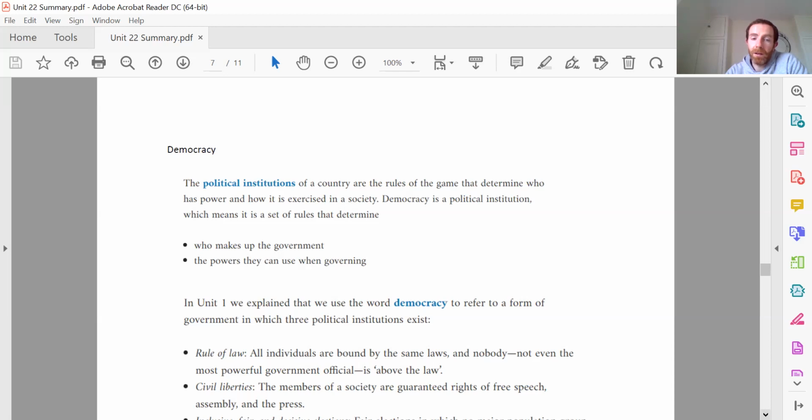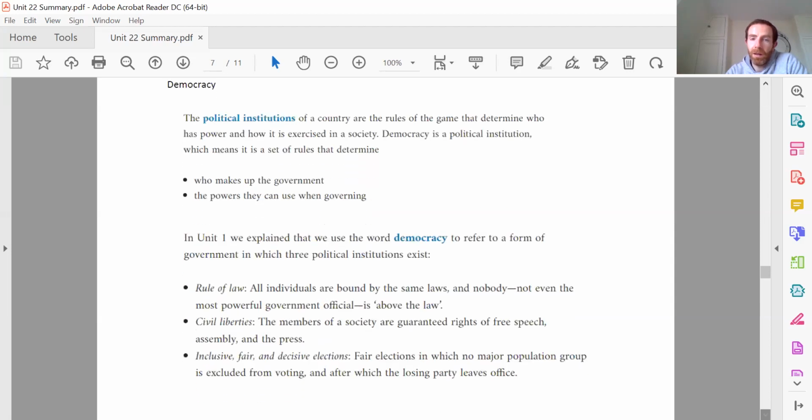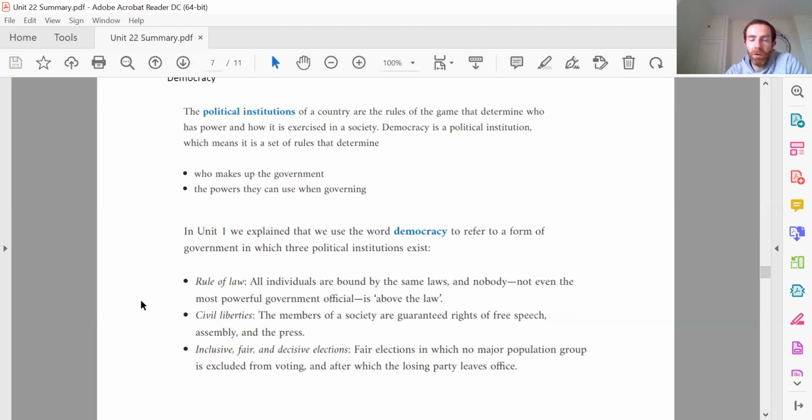And then particularly, we think of a democracy as having three types of political institution. The first is the rule of law, where everybody's bound by the same laws. We've got civil liberties, where every citizen is guaranteed particular rights.